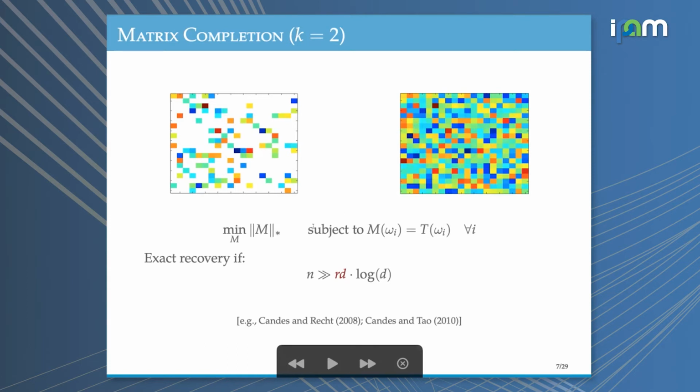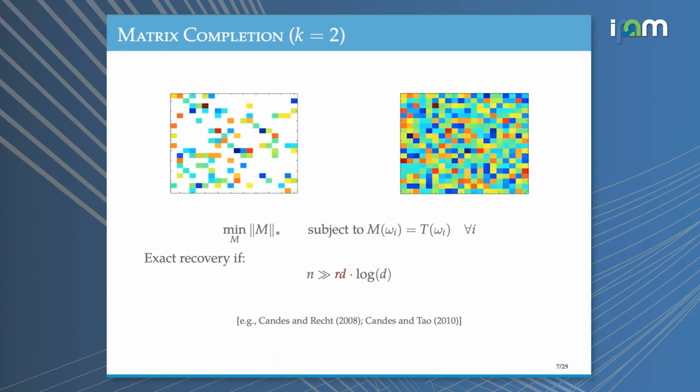But over all these matrices, I'm going to look for the one with the smallest nuclear norm. The main benefit of this is, again, because the nuclear norm is a convex function of M, this becomes a convex optimization problem and can be solved fairly efficiently.